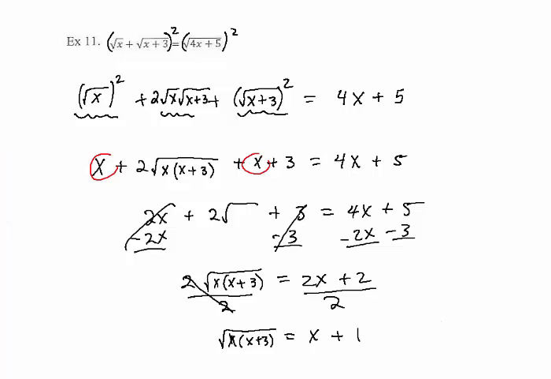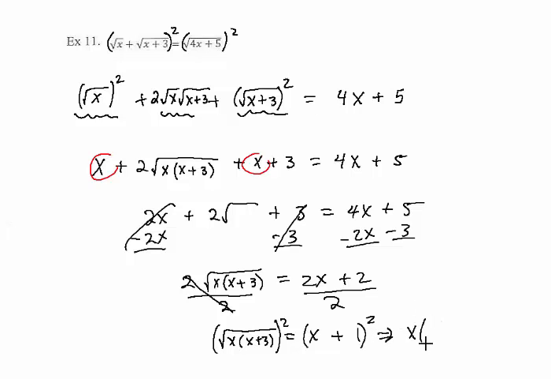Try to make that look a little neater. So here we are with radicals isolated. Everything's moved to the opposite side. It's a square root. And so all we have left to do at this point is square both sides.